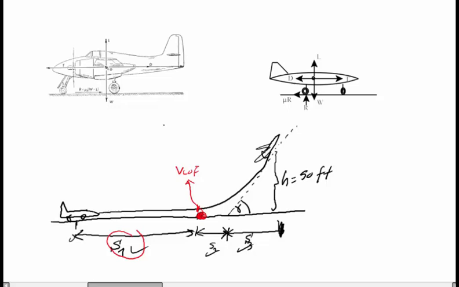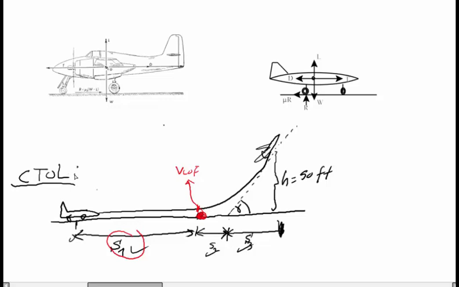One point I need to mention here is that we are talking about conventional aircraft, or conventional takeoff and landing. What makes this aircraft special?